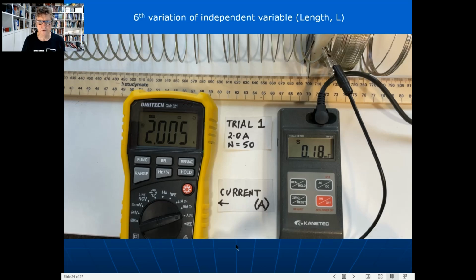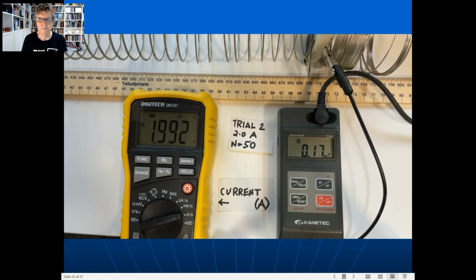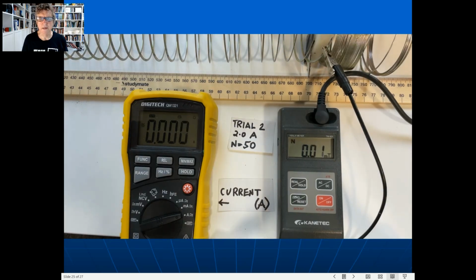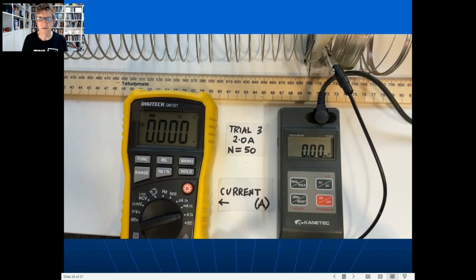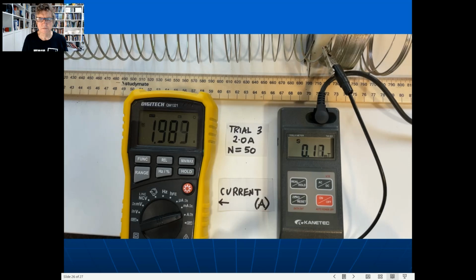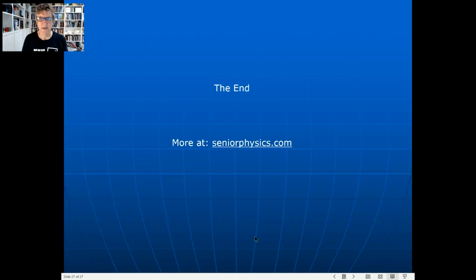Okay, trial 1, trial 2. And lastly, trial 3. Okay, so that's all of our data collected.